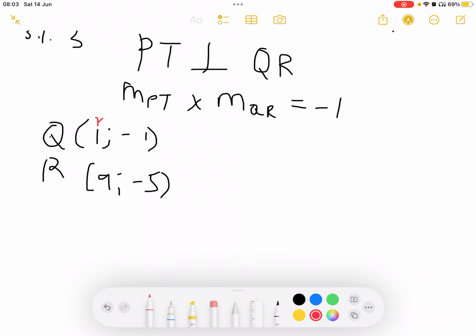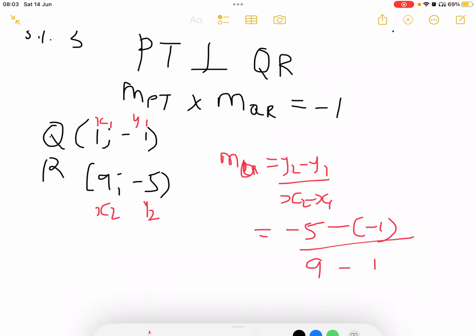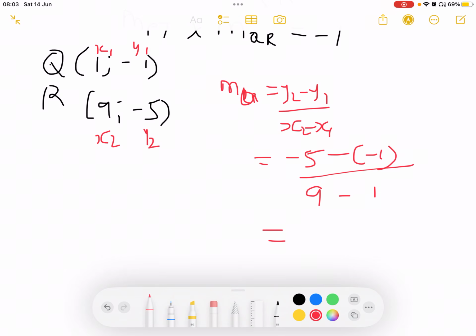Label them x1, y1, x2, y2. Now calculating the gradient of QR, that's y2 minus y1 over x2 minus x1. This gives us negative 5 minus negative 1 over 9 minus 1. If you punch that in the calculator, you're going to get negative 4 over 8, which equals negative a half.